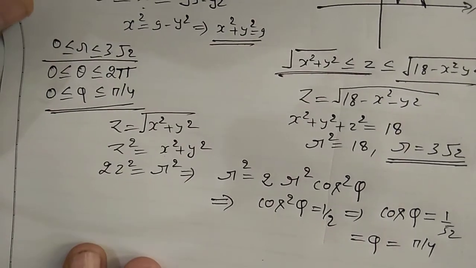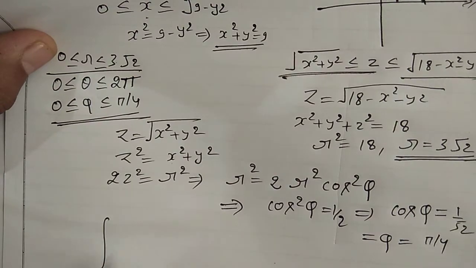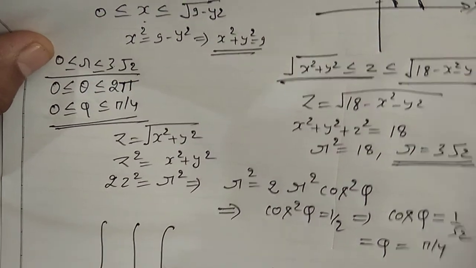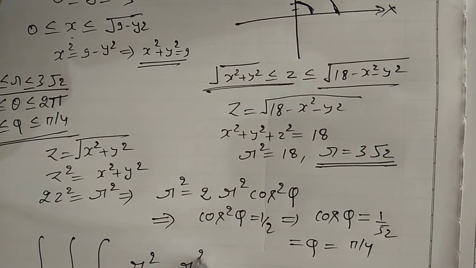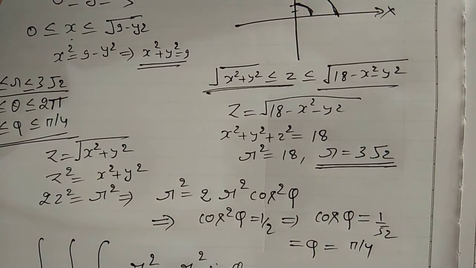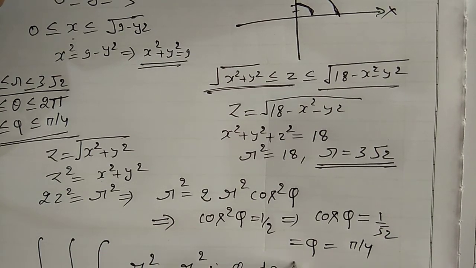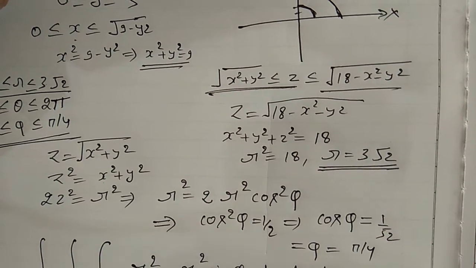So we can convert to spherical coordinates. In the triple integration, we have x square plus y square plus z square, so we'll have r square here, fine. And in place of dx dy dz we have r square sin phi dr d phi d theta.